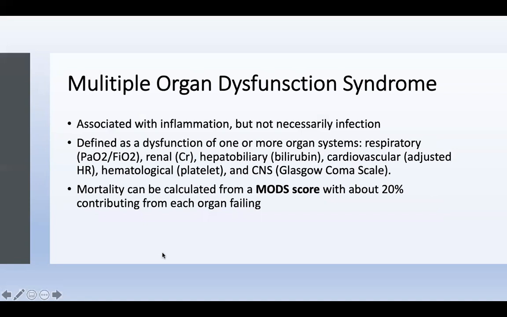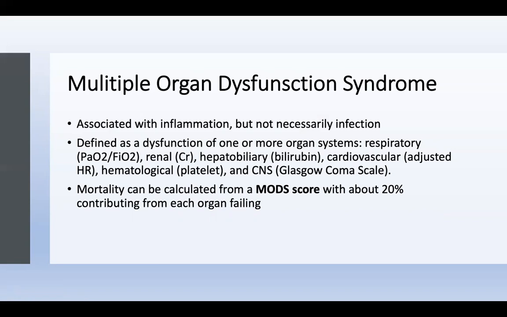So multiple organ dysfunction syndrome, again, it really is the inflammation that occurs from sepsis that's thought to be so deleterious to organs that it ultimately causes their dysfunction.